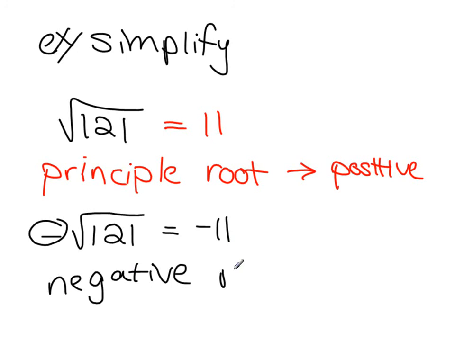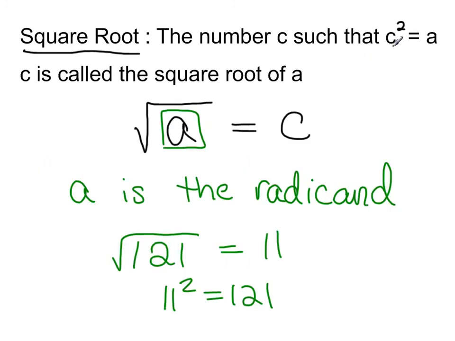So for this section, what your homework really is going to be, besides understanding our definition from the first bit that we started with, where we're finding a number that we can square and get back the radicand, you're going to need to memorize your perfect squares.